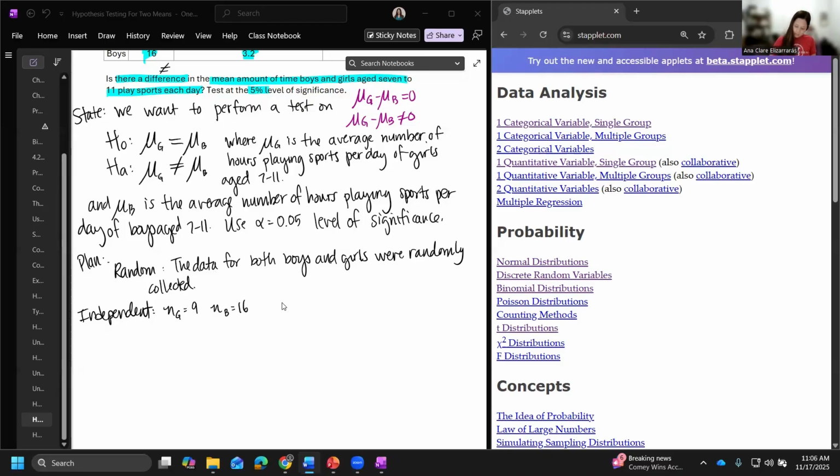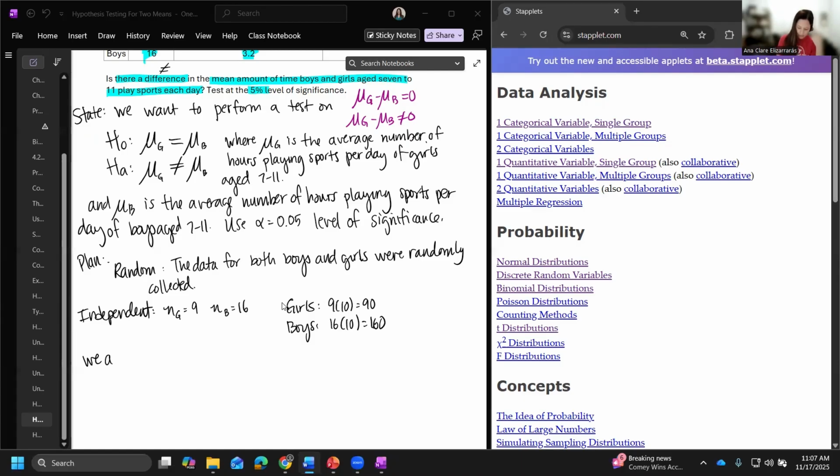So 9 for girls, 9 times 10 is 90. And for boys, 16 times 10 is 160. So we need to assume that there's at least 90 girls aged 7 to 11 that are playing sports and at least 160 boys.